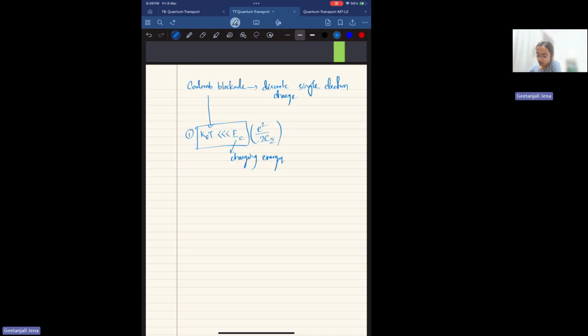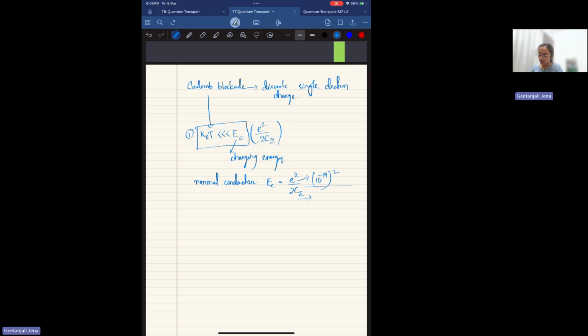To take an example, if you consider a normal conductor, we can take E_C, which is given by e^2/2C_Σ. So e^2 will be in the order of 10^-38, since e is of the order of 10^-19. We are just checking the order, not the absolute magnitude.